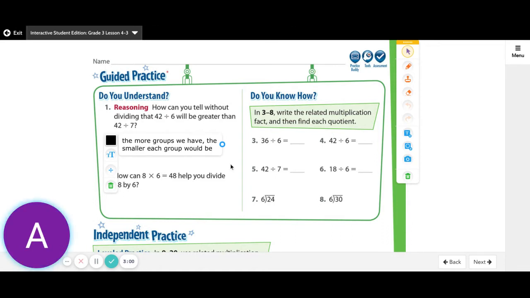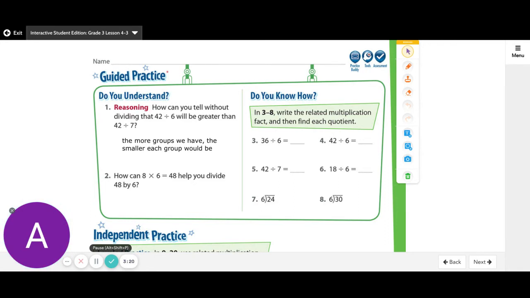Think about, if we just had one group, it would be a really big group. But if we had 42 different groups, or even 30 different groups, there would just be a lot fewer per group. So the fewer groups we have, the more in each group, or the more groups we have, the smaller each group will be.